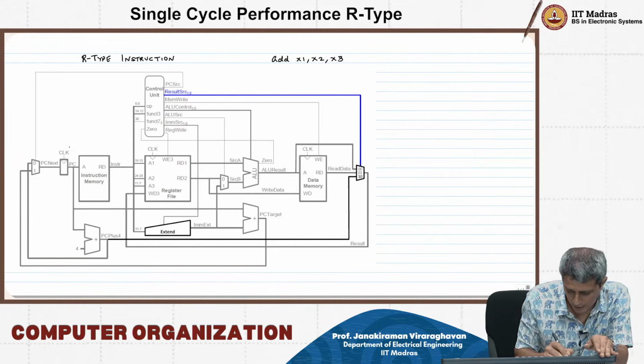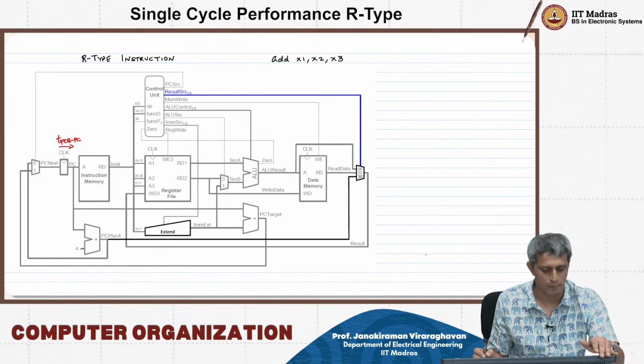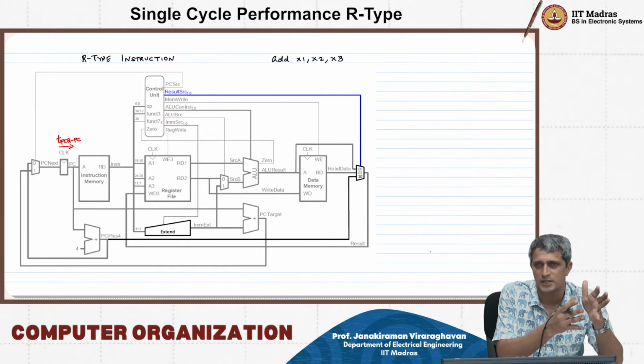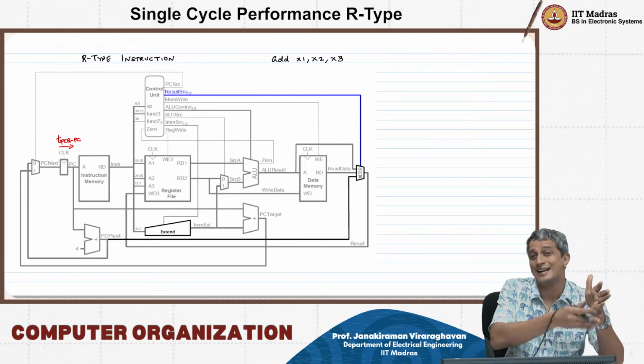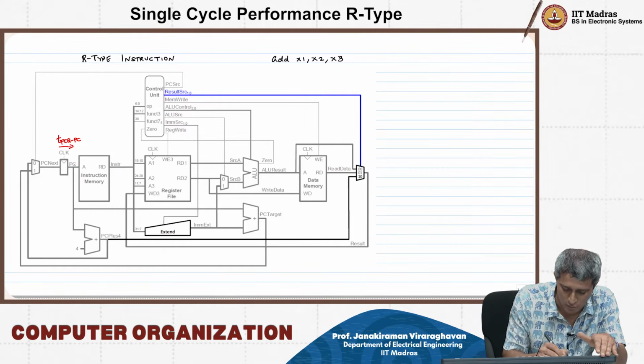Essentially I shall mark the delays here. So this is TPCQ of my program counter, propagation clock to queue delay, right? And it has basically obtained the address of the next instruction, right? So that is what is going to be available at this point.